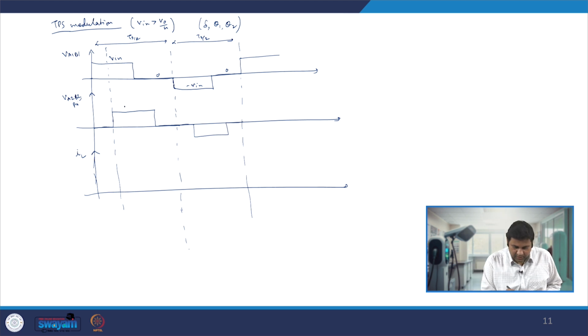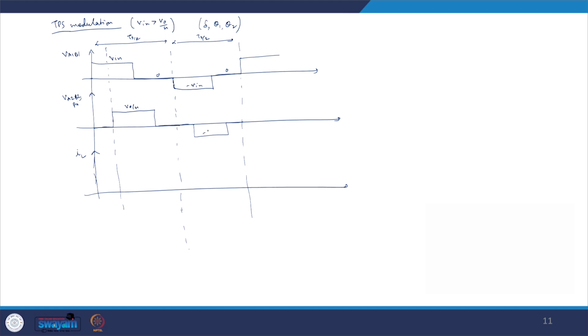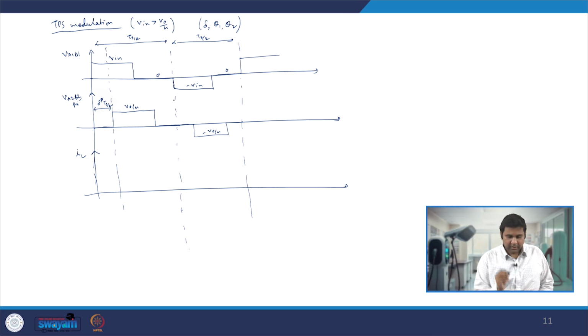So here it is V naught by n, minus V naught by n. This value is nothing but delta times Ts by 2, and then from here to here it is 1 minus delta times Ts by 2.